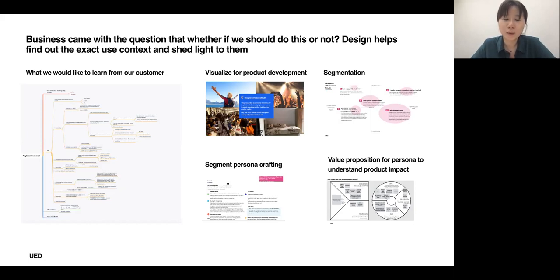Because at that point, all we knew was that there were success cases in a different market, like the Chinese market, where it was greatly adopted by different customers. And we wanted to understand if in Indonesia it would happen in the same way.